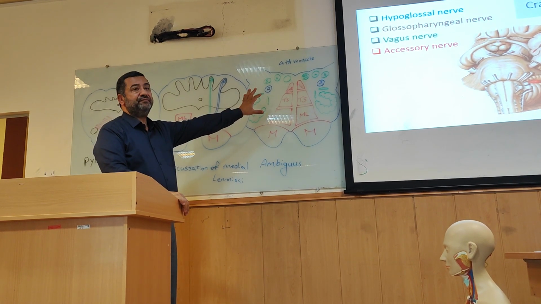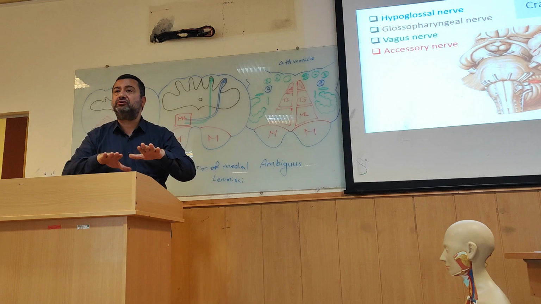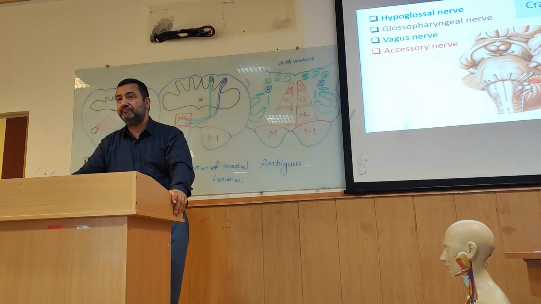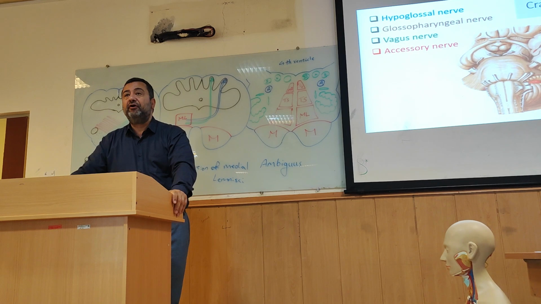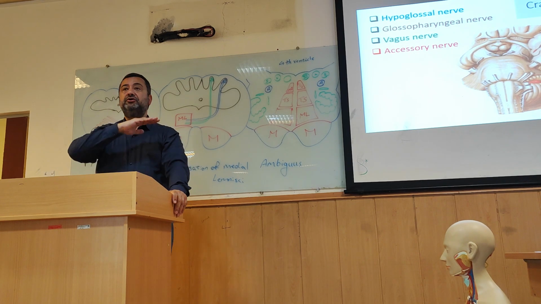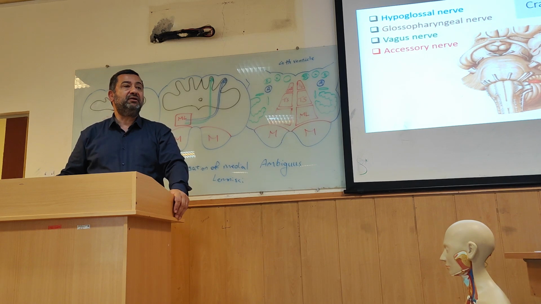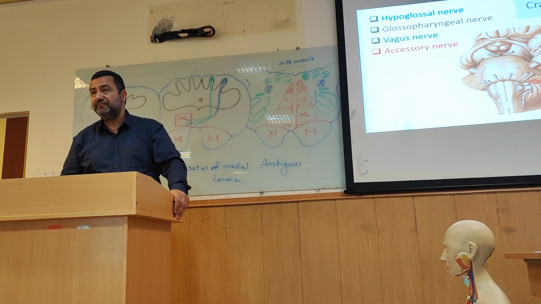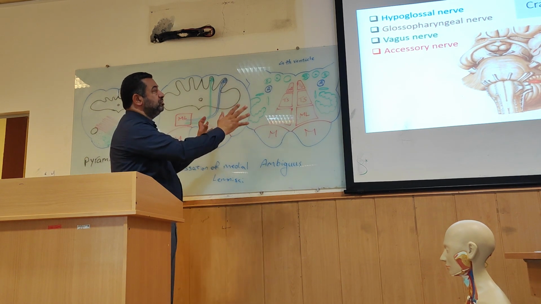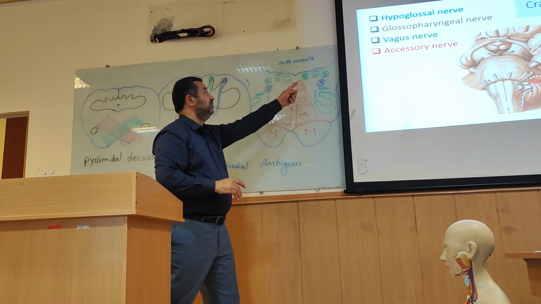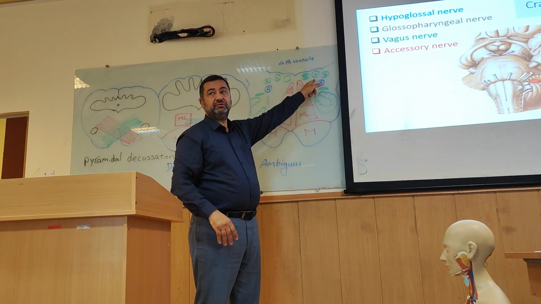This section is from the inferior part of the open part of the medulla oblongata. If I make a cross section from the superior part of the open part of the medulla oblongata, all structures are similar, except dorsal nucleus of the vagus.